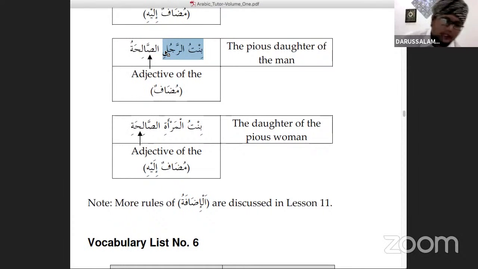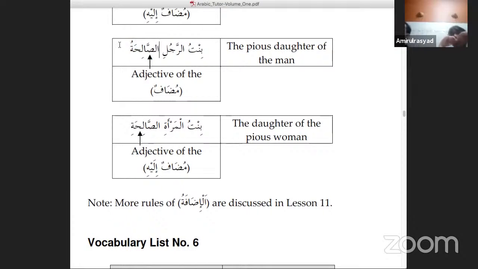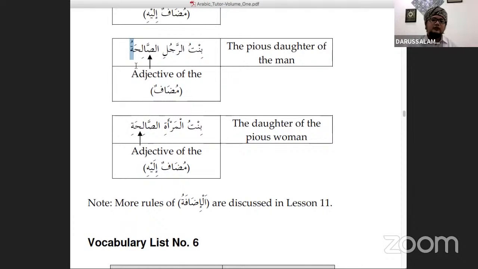Okay, so when we say you want to put the sifah, adjective for the daughter, so you say bintur rajuli as-salihatu. You see, bintur rajuli as-salihatu. Why is it as-salihatu? Because as-salihah is the adjective, the sifah of bint. You see?